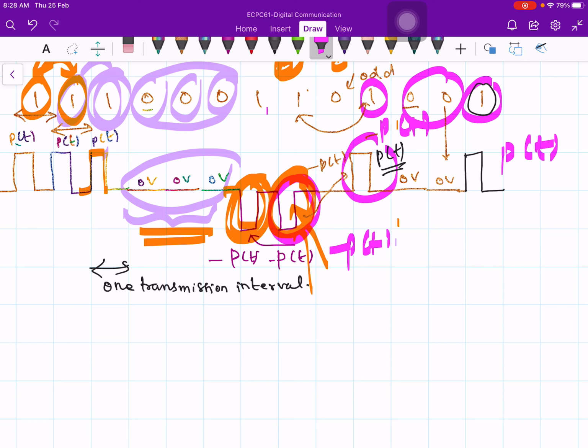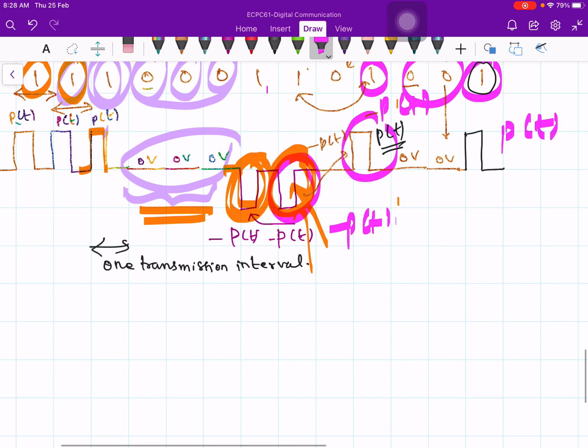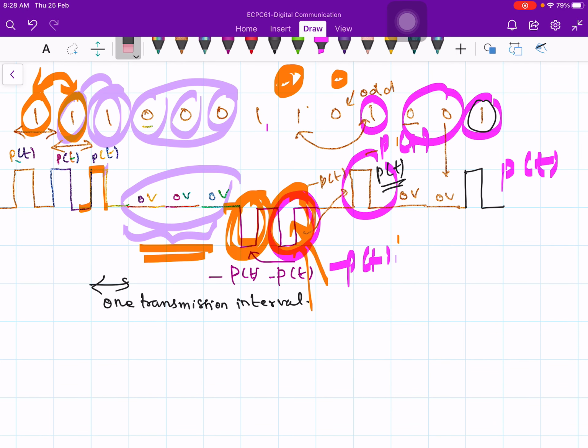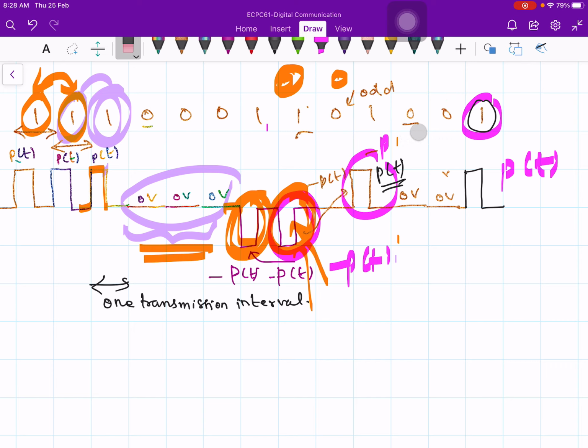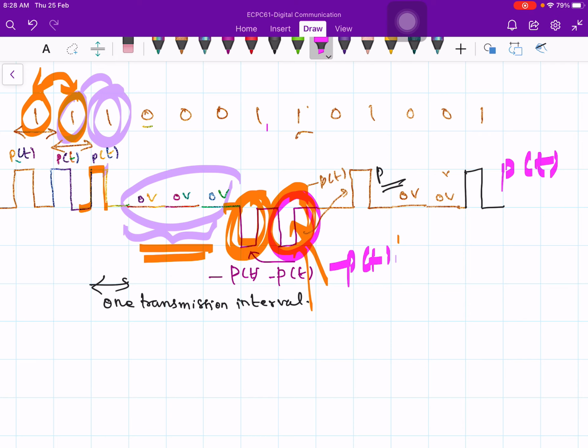That's it. So we keep on reversing the polarity depending on whether we have an odd number of zeros or an even number of zeros between two consecutive ones. That's it. So if you look at here, we have even number of zeros, right?